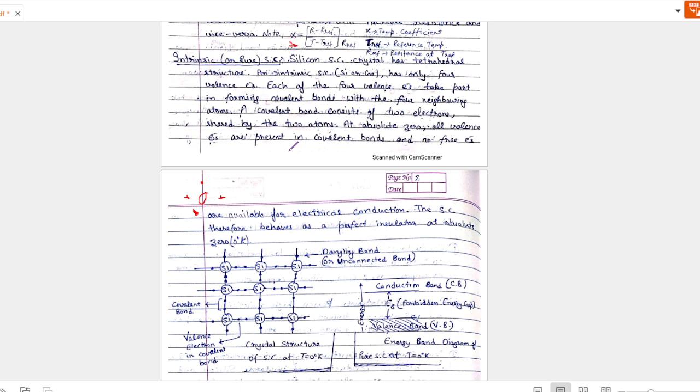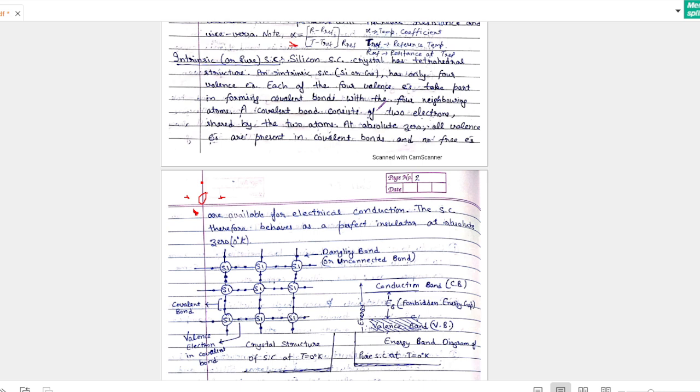These both play a very important role in our electronic devices, as they have four electrons in their outermost shell. So they make covalent bonds with their neighbor atoms. A covalent bond, we know, is the sharing of two electrons by two atoms.